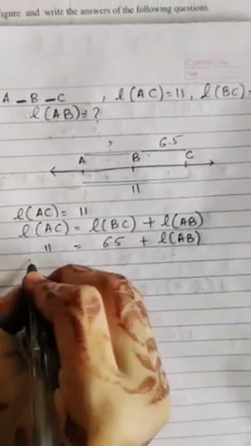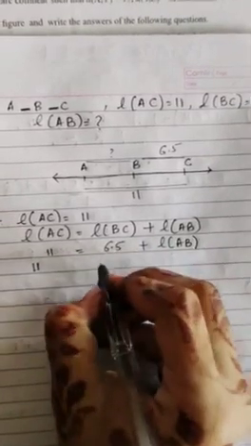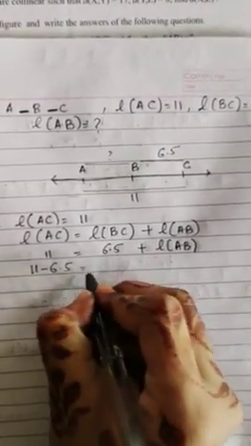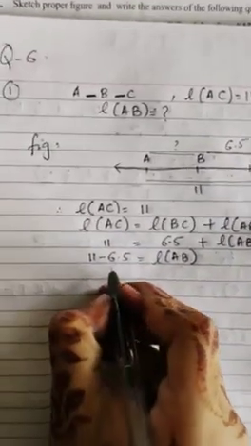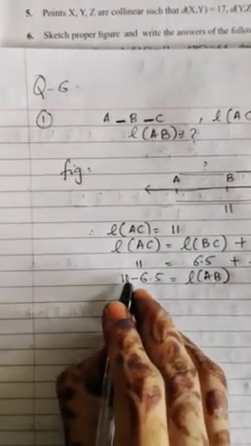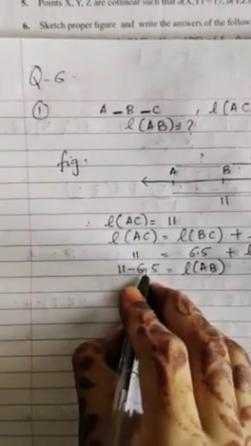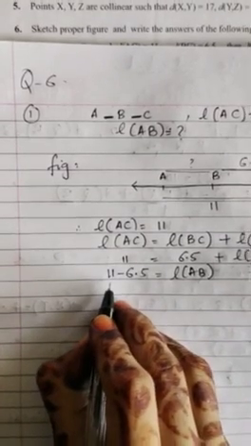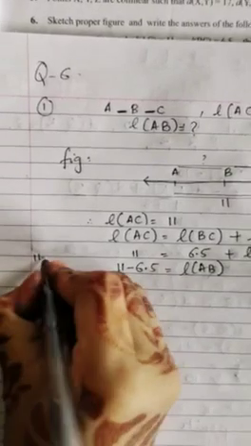Okay, now 11. The 6.5 is already with the positive sign. Whenever we take it to the left hand side of the equal sign, it comes with the negative sign. 11 minus 6.5 is equal to length AB, which will be as it is. Now tell me, this is an integer number and this is a decimal fraction. How will you subtract it? To subtract the decimal number from the whole number, we have to write 11.0.